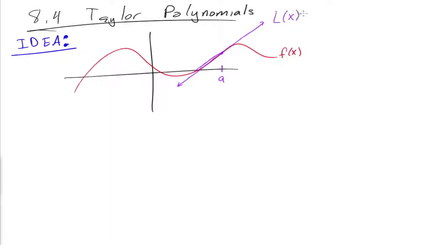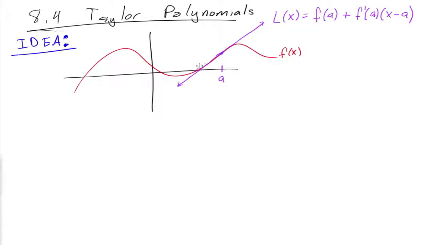You called it maybe L of x, and that is equal to f of a, the value of the function, plus the slope at the point, f prime of a, times x minus a. This is the point-slope form of a line, and you did this a lot in first semester calculus.